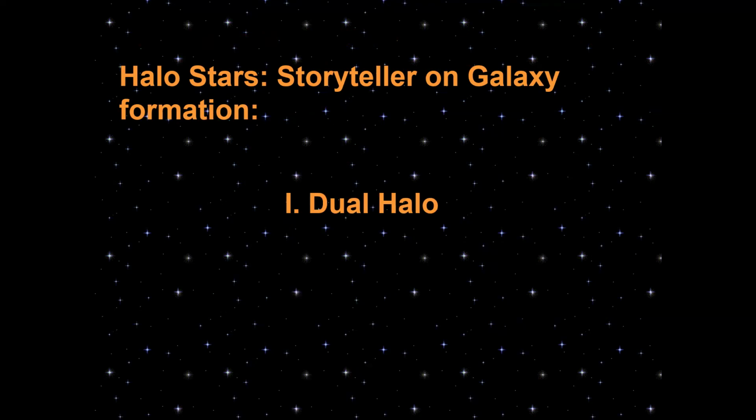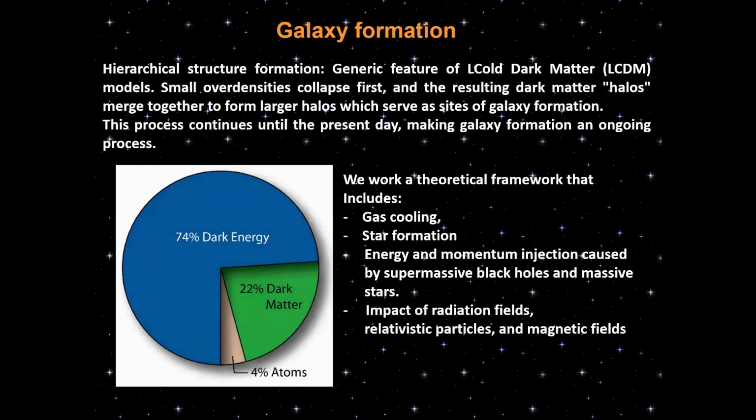Now, let's have a look at a little bit of storytelling of galaxy formation from this result. Obviously, we work in the hierarchical structure formation of galaxies, which is nowadays a generic feature in Lambda CDM.